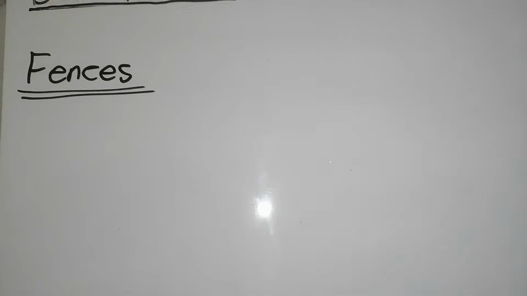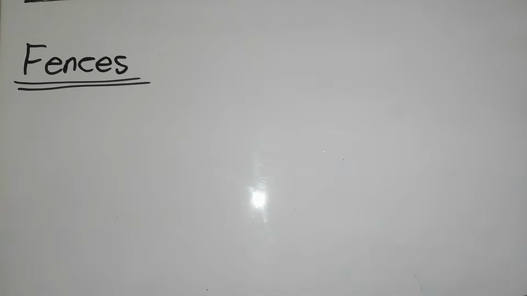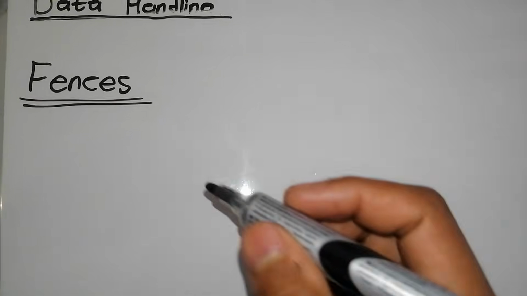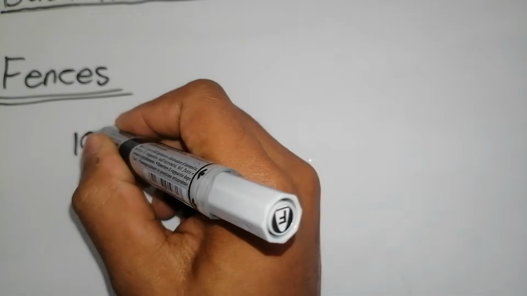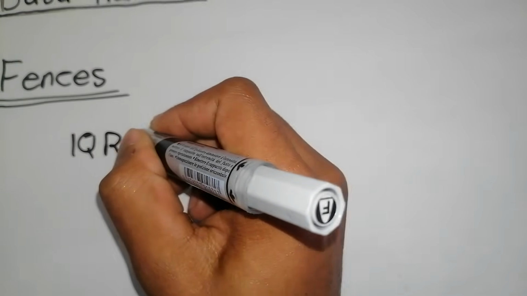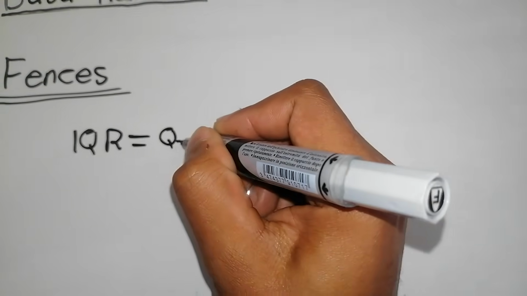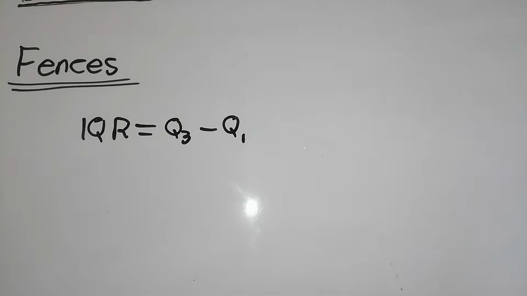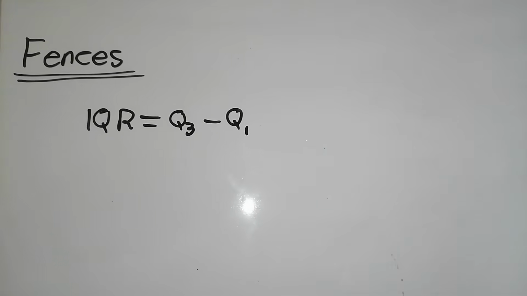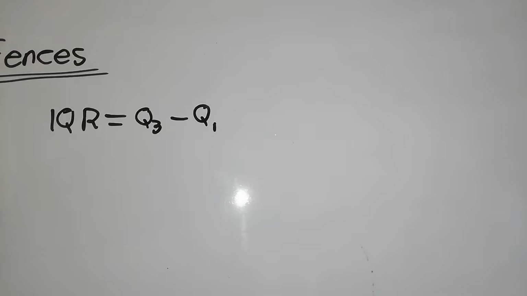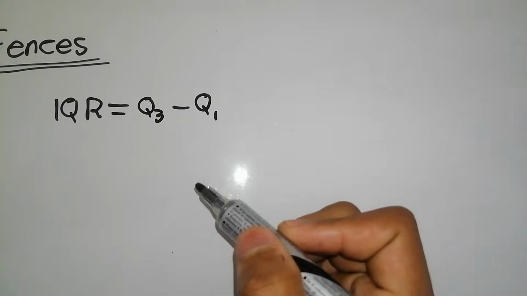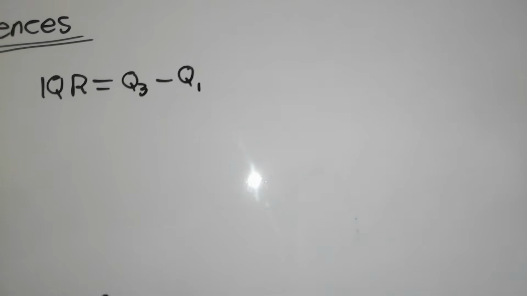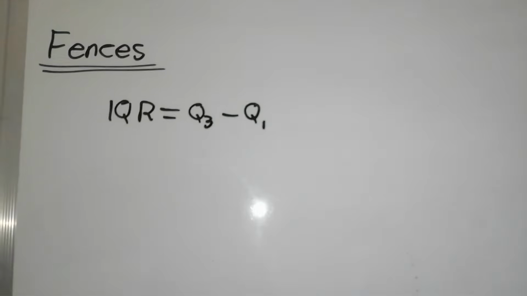Okay, so before you find any fences, maybe the lower or the upper fence, you first need to calculate your IQR, which equals Q3 minus Q1. So you first have to find your interquartile range, and then you're gonna need that value of your interquartile range to calculate either the upper fence or the lower fence.